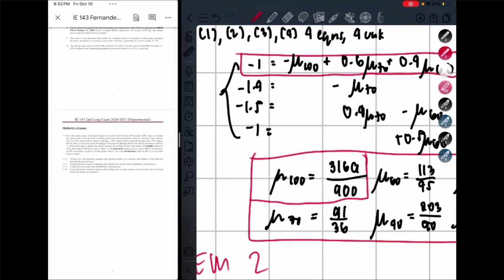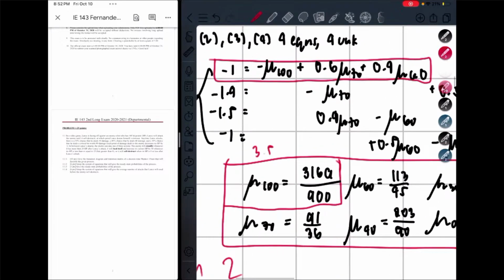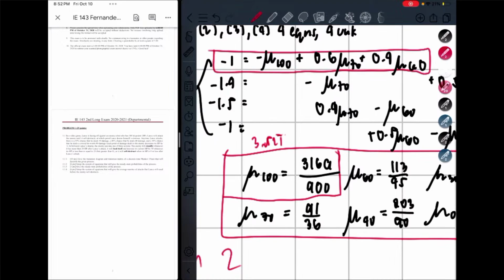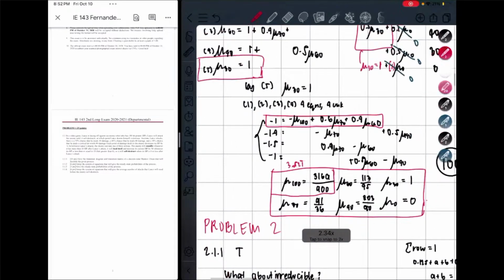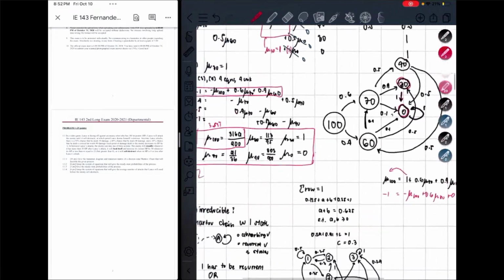For those who followed along and solved, so that's approximately 3.521 repeating. I'll just add that. Okay. So that's basically the average number of attacks Lance will need before the enemy self-destructs. Yeah. So that's for problem 1.